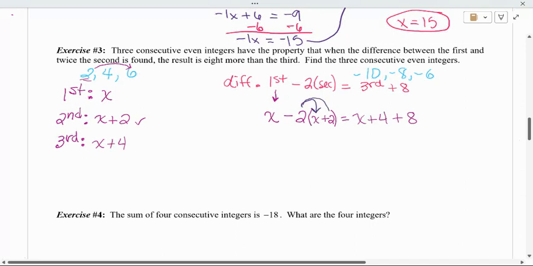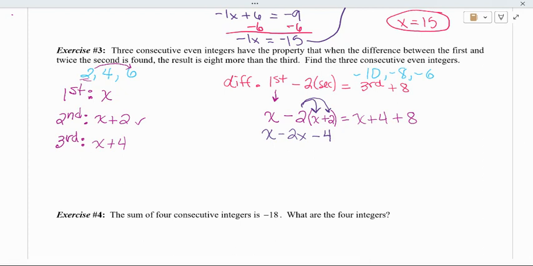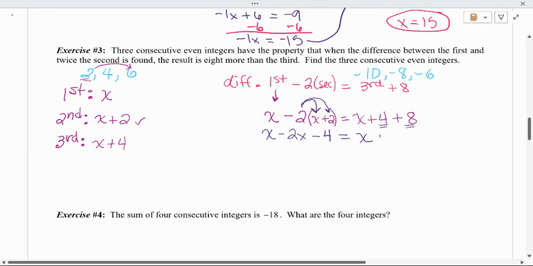And then I would have done -2 times +2, which gives us 2 times 2 is, oh, 4, and so it's just going to be negative. The negatives throw you off? Yeah. So I can't combine that x with anything on the right side, but I think I can combine my 4 and my 8. 4 plus 8 is 12.